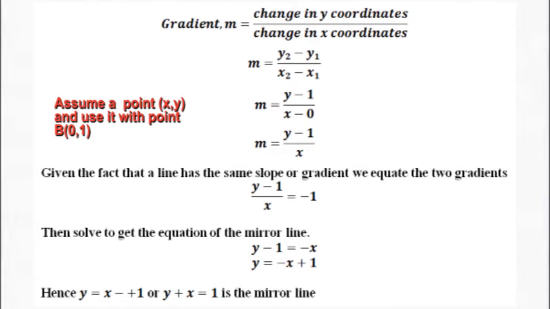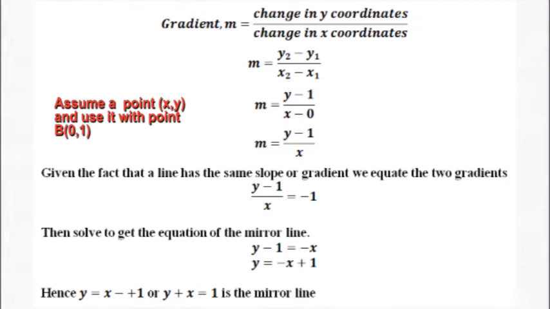Therefore, m is equal to y2 minus y1 divided by x2 minus x1. From the general point, x is our x1, y is our y1, and from point B, 0 is our x2 and 1 is our y2.